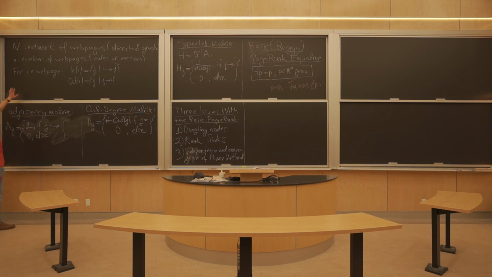So if I have a web page I, then I associate to it 2 different sets, In of I and Out of I. In of I is the set of all those other web pages that link to I. And Out of I, well, it's the set of all those web pages that, oh, I wrote it the other way around.